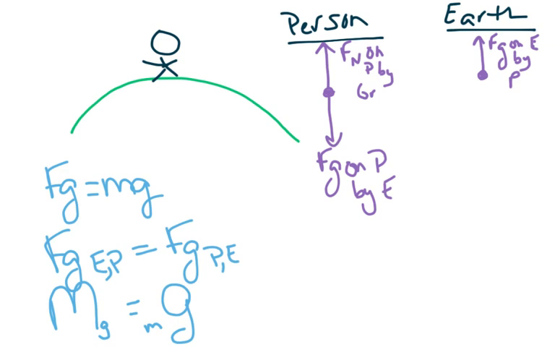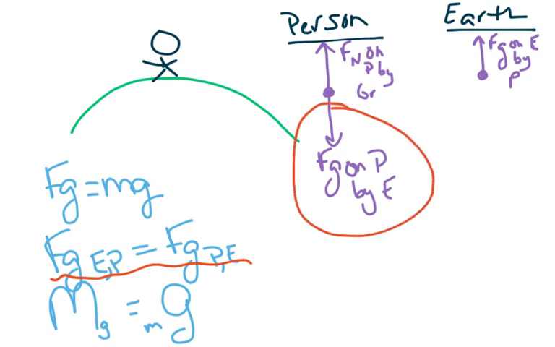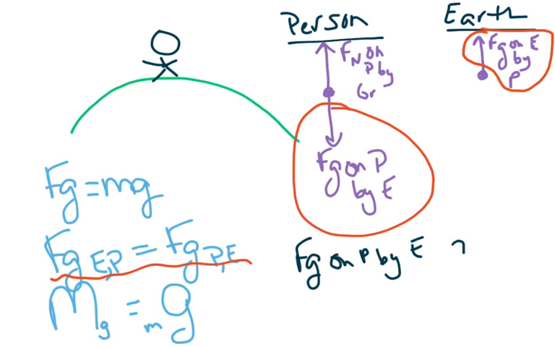The other way you can identify these force pairs is that they are equal to each other, but we look for the force on the person by the earth, and then we look for the force pair which has the feeler and dealer reversed. So my force pair here is the gravitational force on the person by the earth and the gravitational force on the earth by the person.